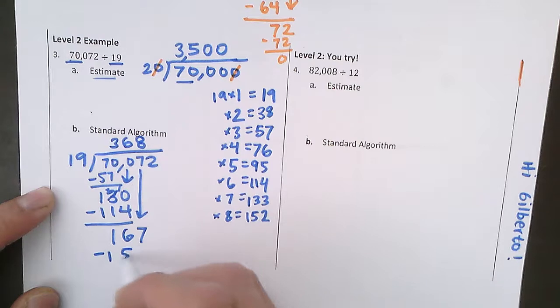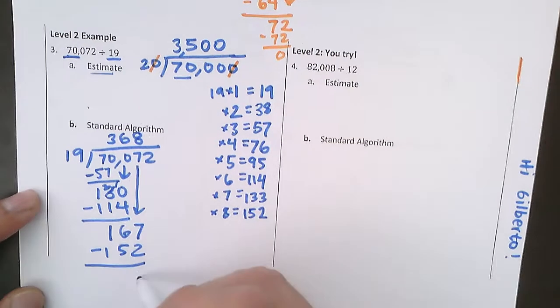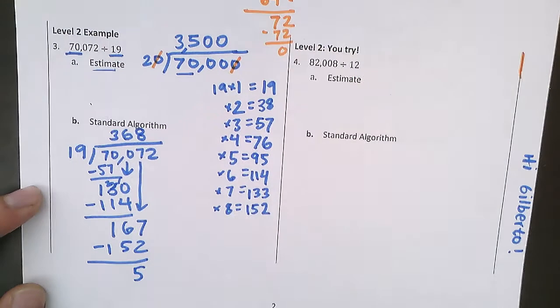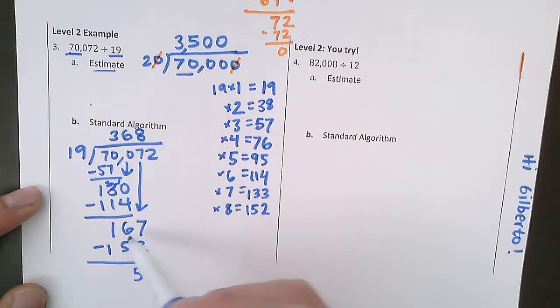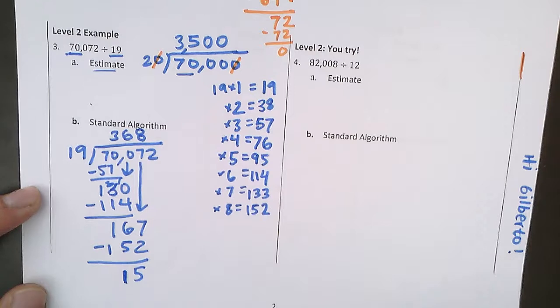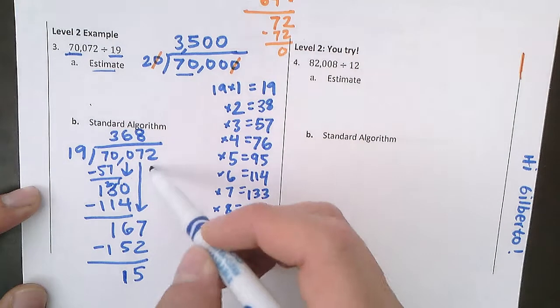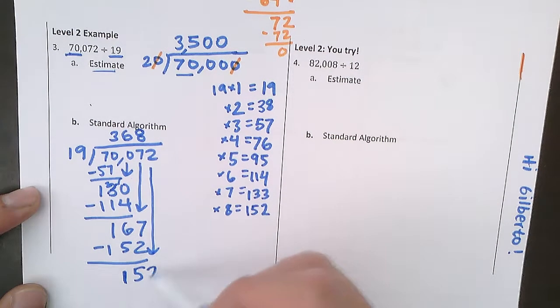Let's subtract that. 7 minus 2 is 5. 6 minus 5 is 1. Okay, bring down the 2, regroup.